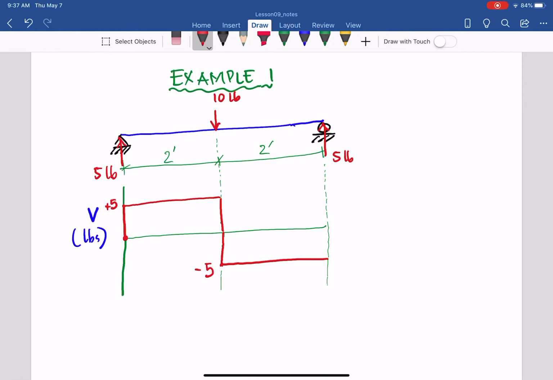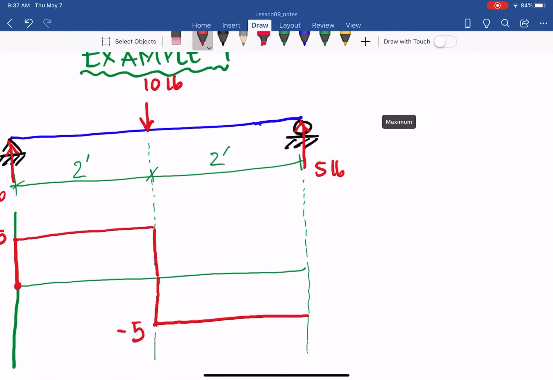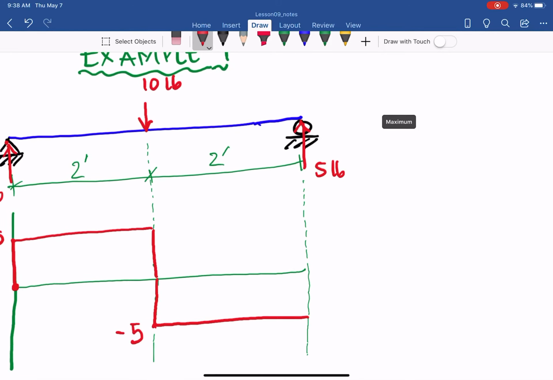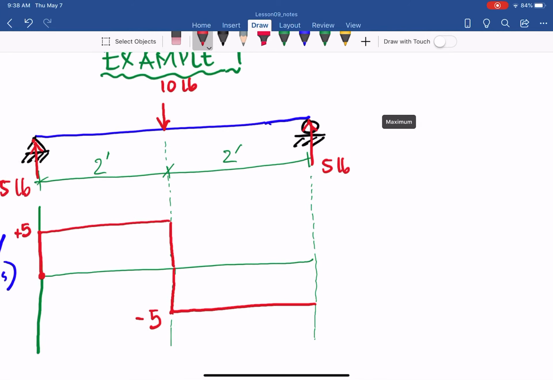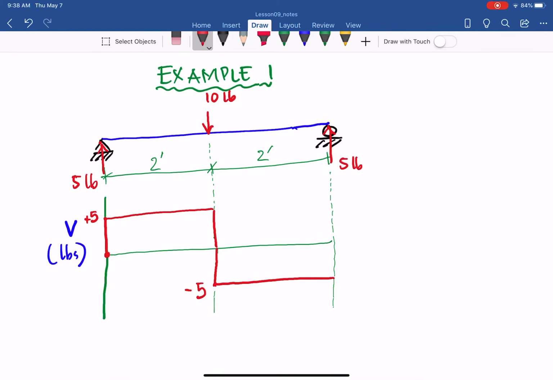And then the 5 pounds going up at the roller support on the right side, exactly the same as the external load. When 5 pounds goes up, it causes a discontinuity in the internal shear that moves up 5 pounds. So as you can see, it stops at 0.